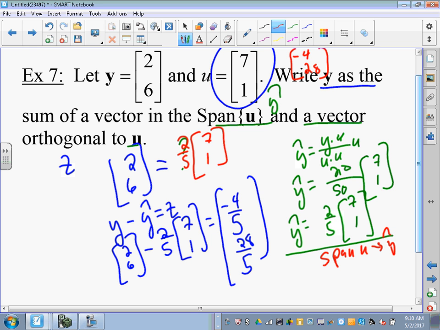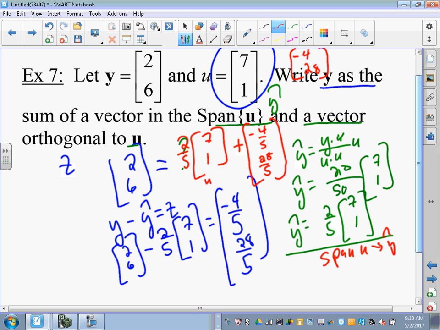So this is what z is, the vector that's orthogonal to u. The vector in the span of u is y hat, and the vector that's orthogonal to u is negative 4/5 and 28/5. We can still double check that it gives us 2 and 6, but if we added and subtracted correctly, we're going to be okay.